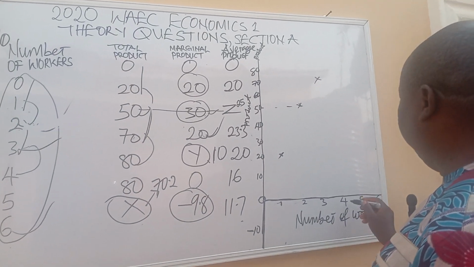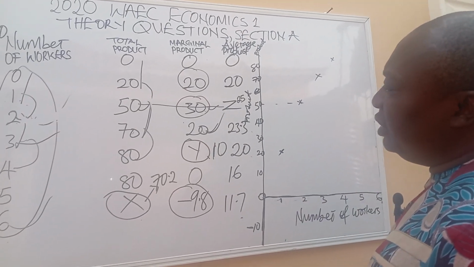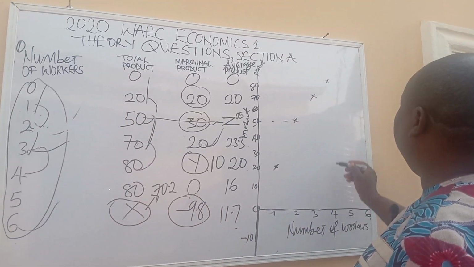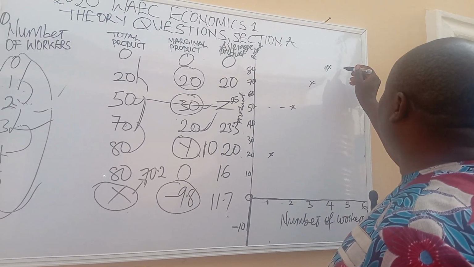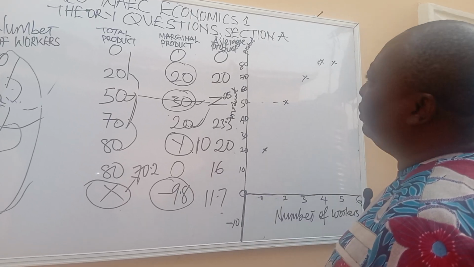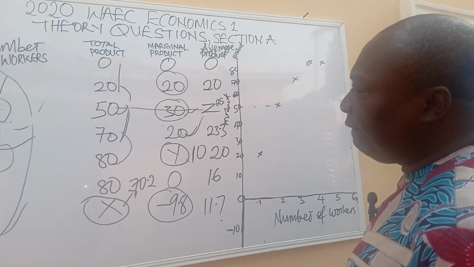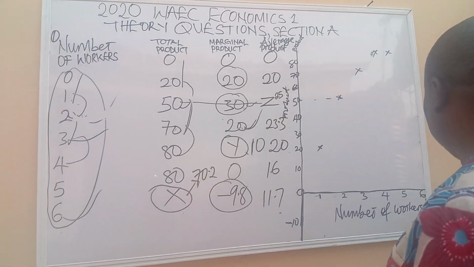4 is 80. 5 is also 80. Then 6, it dropped to 70.2.